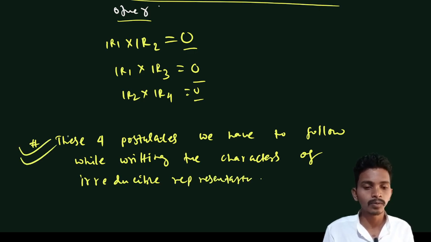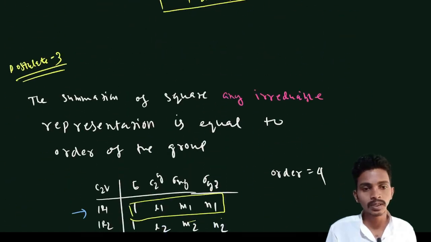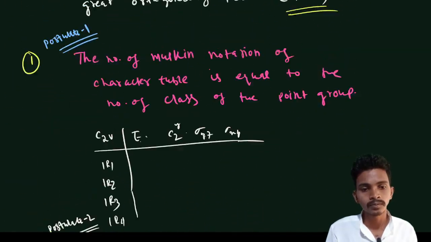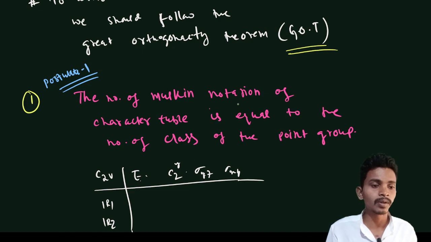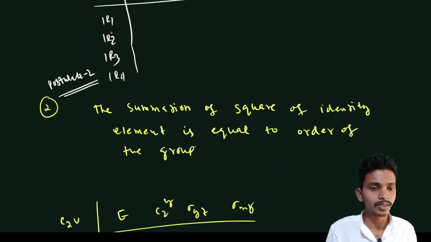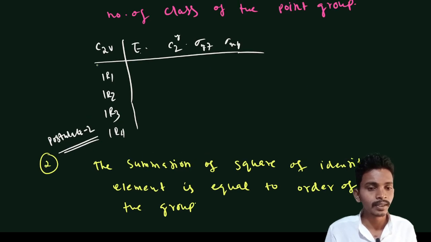What are the four postulates? The first postulate is that the number of irreducible representation notations in the character table is equal to the number of classes of the point group. However many classes there are, that many irreducible representation symbols there will be. Here there are 4, so 1, 2, 3, 4, not 5.